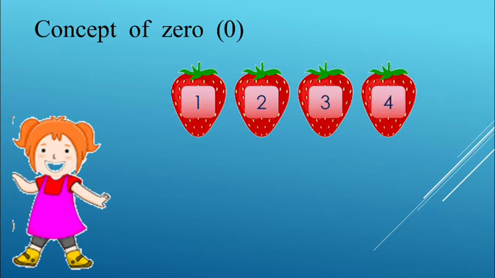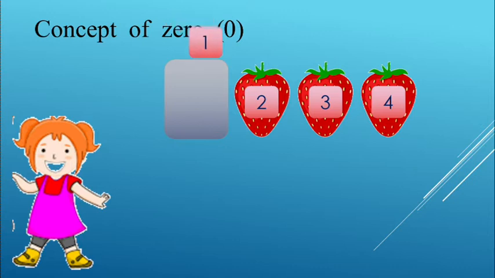So we have 4 strawberries. Now the little one eats one of the strawberries. So now let's count the number of strawberries. 1, 2, 3. So there are 3 strawberries left.